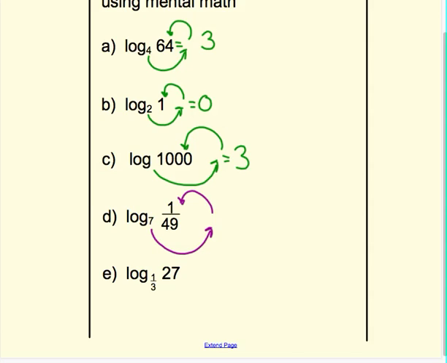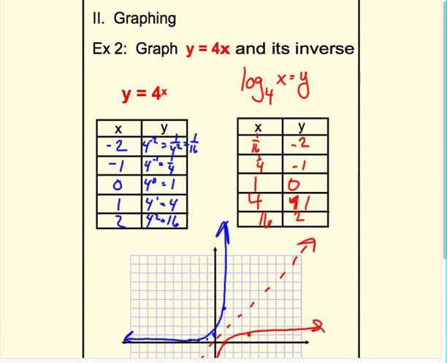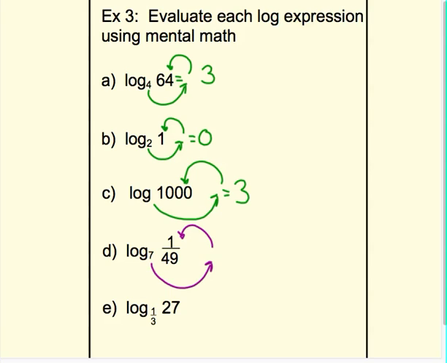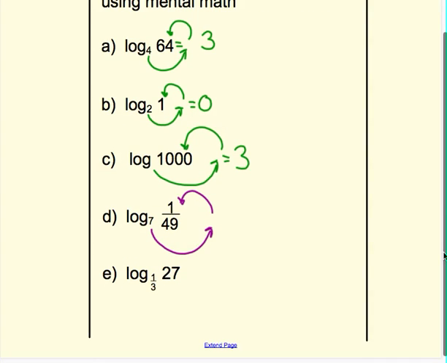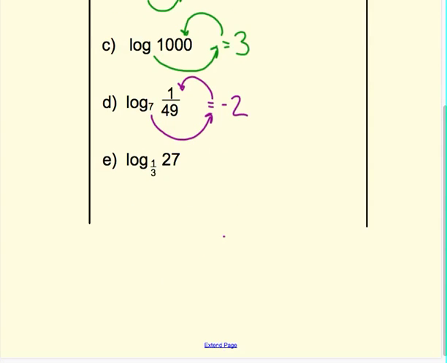So looking back here real quickly, when we did 4 to the -2 power, our answer went in the denominator. So if your answer is a fraction, your exponent was negative. 7 squared is 49. To move it to the denominator, it would have been a -2. And our last one, 1/3 to what power equals 27?